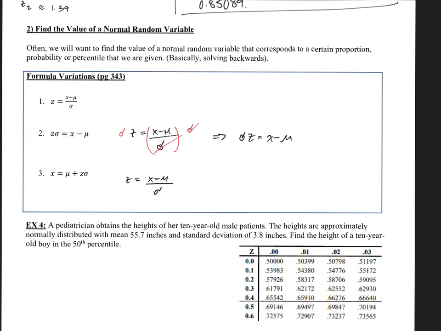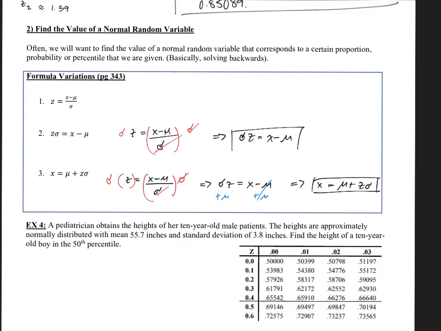We multiply both sides by sigma, and we'll end up with sigma z equals x minus mu. Then adding mu to both sides, we'll end up with our equation x equals mu plus z sigma. Okay, so those are how we get those equations we'll work with.